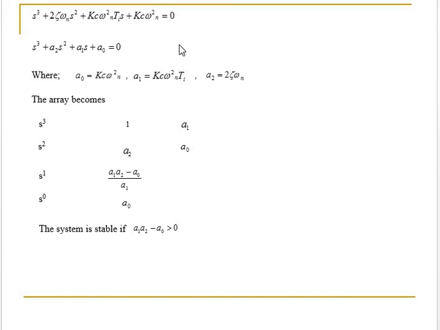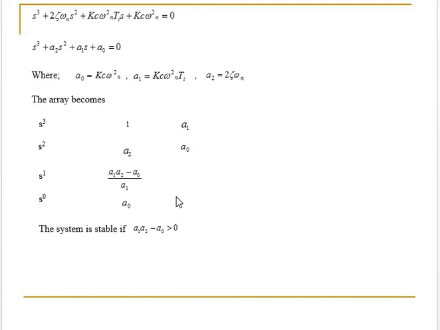Or if we assume that A0 is K_C omega_n squared, and A1 is K_C omega_n squared T_i, and then A2 is 2 zeta omega_n, then the array becomes like this.